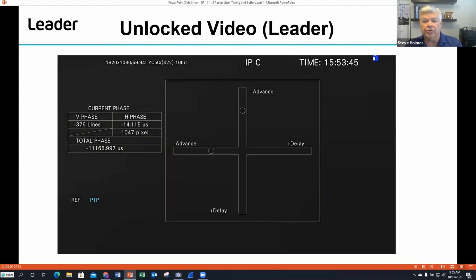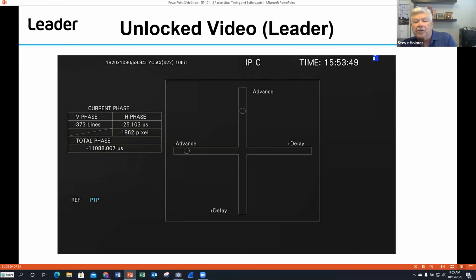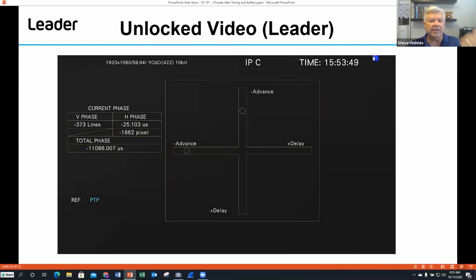And you see what you would see if you were looking at Blackburst in unlocked video or looking at tri-level unlocked video. It's just swinging all over the place. And you'll see a line count that keeps changing. And the line count in this case just keeps counting down, counting down. It'll just eventually go all the way around in circles. So this is what actually unlocked video would look like when you're looking at this stuff.